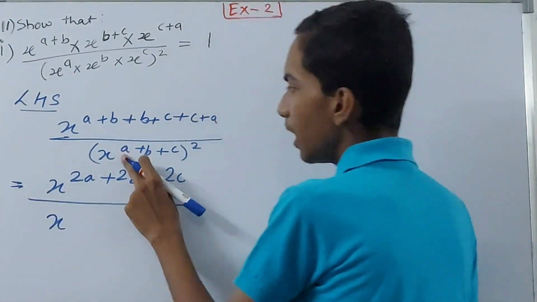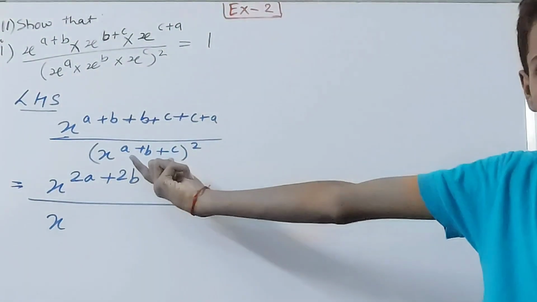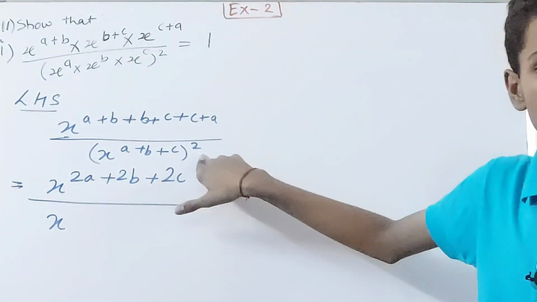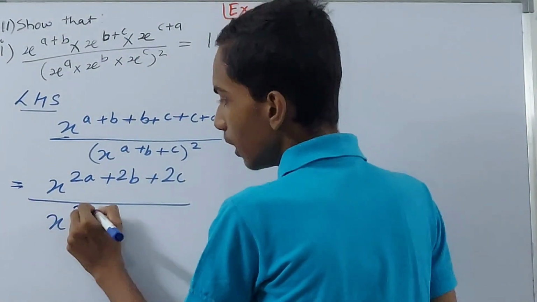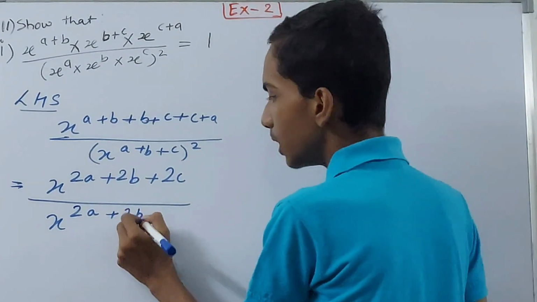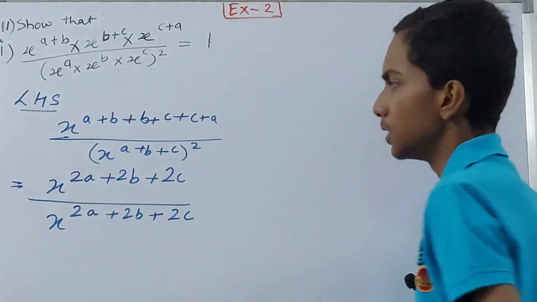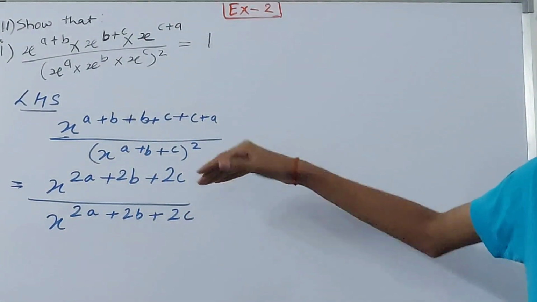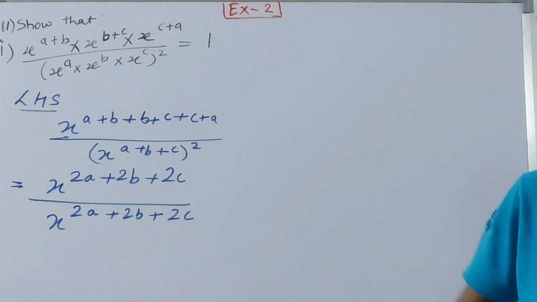X to power a plus b plus c is there, so all of this it will multiply with 2. So what do we get? 2 into a, that is 2a, plus 2 into b, that is 2b, plus 2 into c, that is 2c.